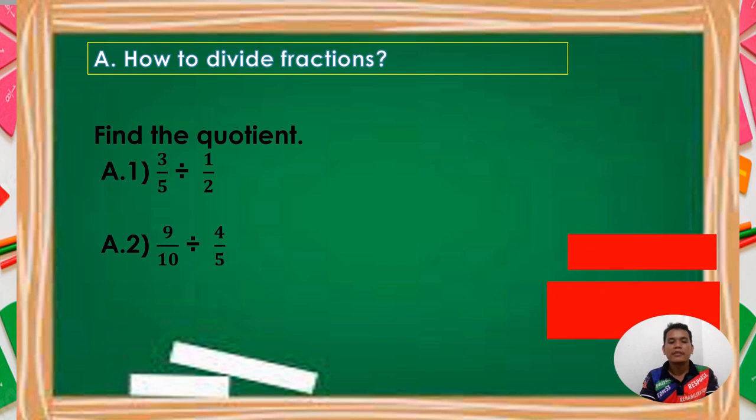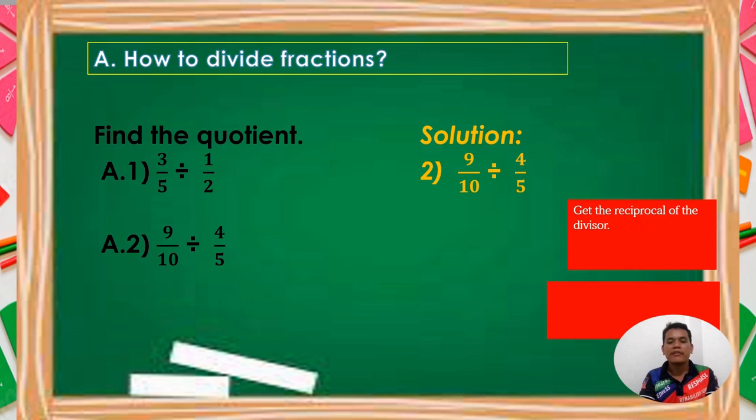And then let's proceed to example number 2: 9/10 divided by 4/5. Here, let us solve. Get the reciprocal of the divisor, invert 4/5, that is 5/4. And change the division sign into a multiplication sign. Multiply.